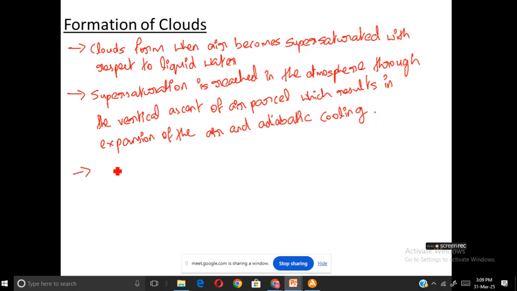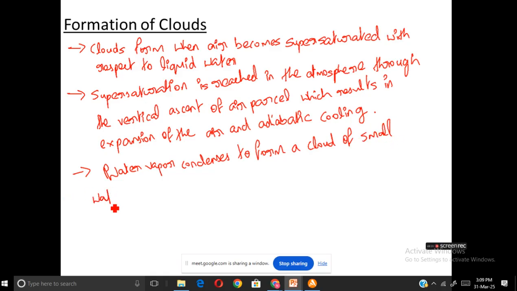When the parcel becomes supersaturated, the water vapor condenses to form a cloud of small water droplets or ice particles.